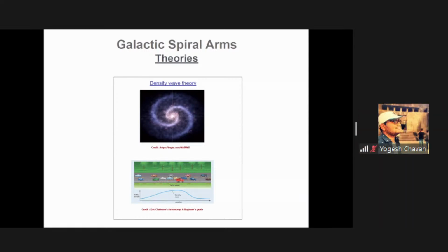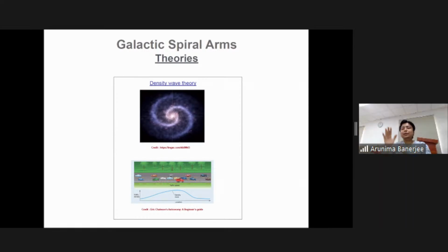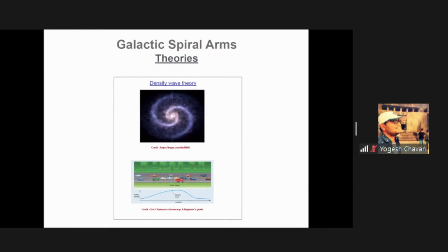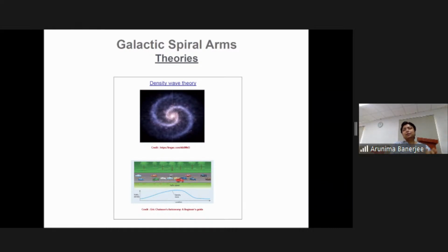The theory of global continuous, loosely wound spirals is the density wave theory, and the other theory which explains the flocculent patchy tightly wound spirals is the swing amplification theory. It's just a piece of information for you. Don't get bothered about how it happens.